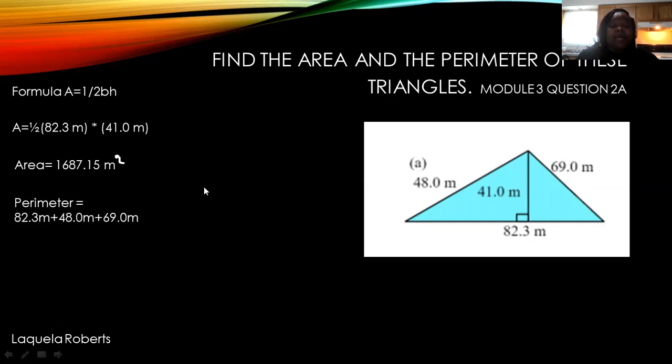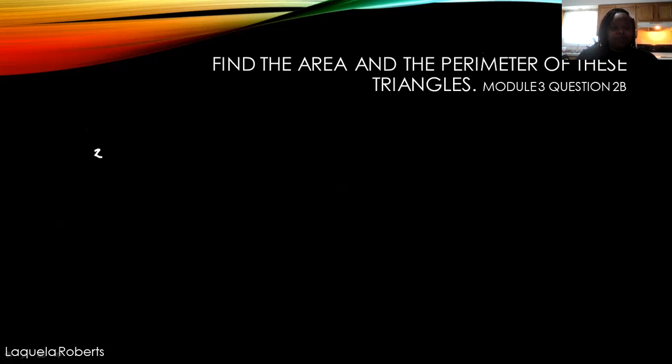And we're going to find P, which is we're going to add 82.3 meters plus 48 meters plus 69, and that gives us 199.3 meters. So that's how we find the area and the perimeter of this triangle.